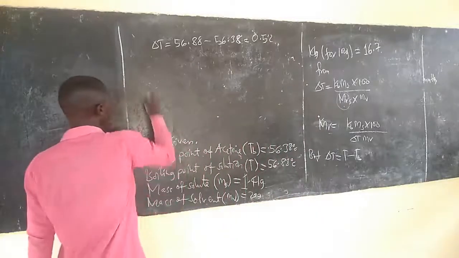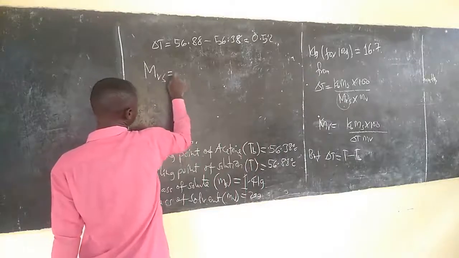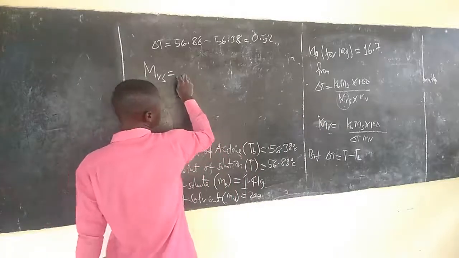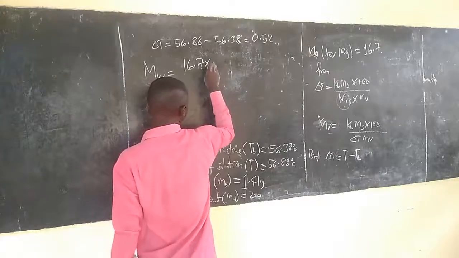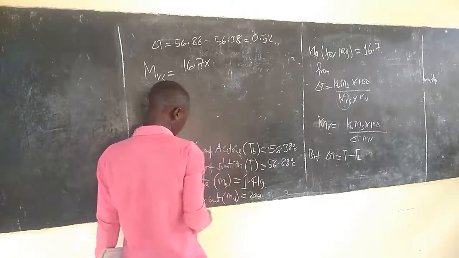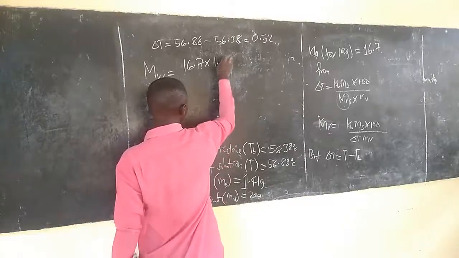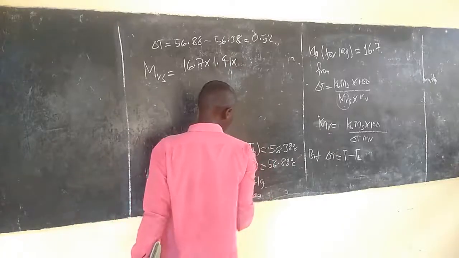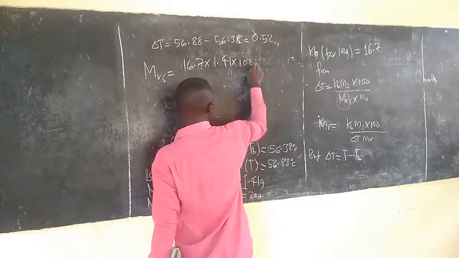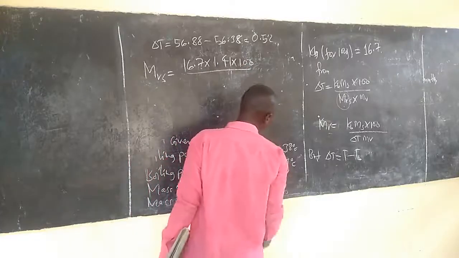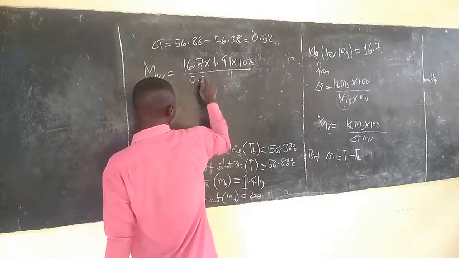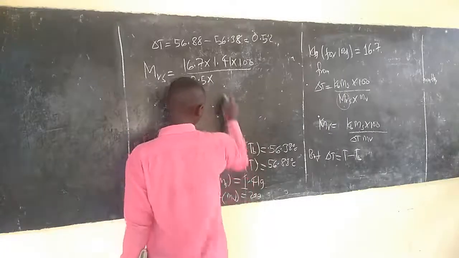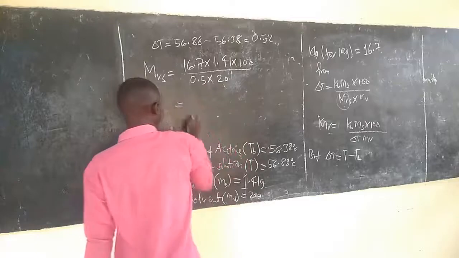And from there molar mass of solute itakuwa sawa Kb 16.7 mara mass of solute 1.41 times 100 divided by change in temperature 0.5 times mass of solvent 20 grams.